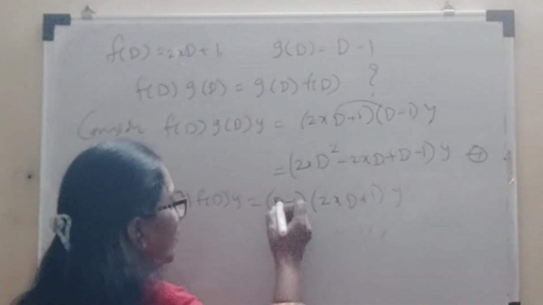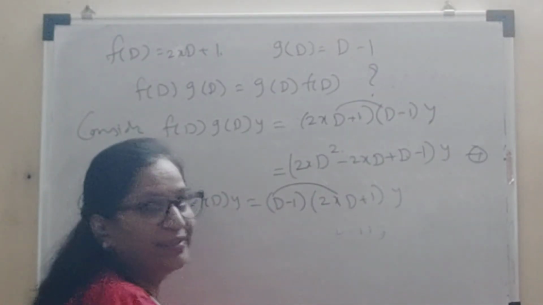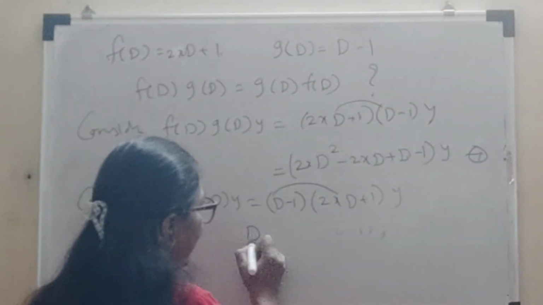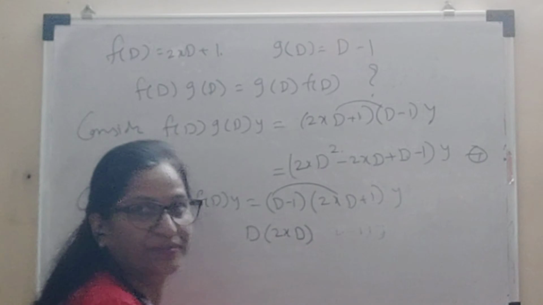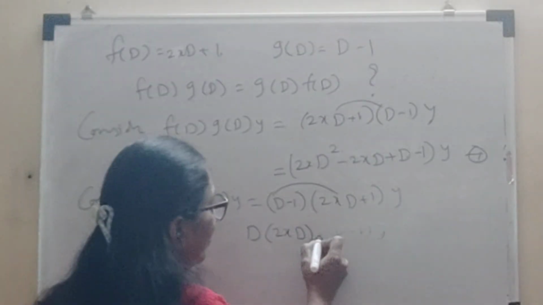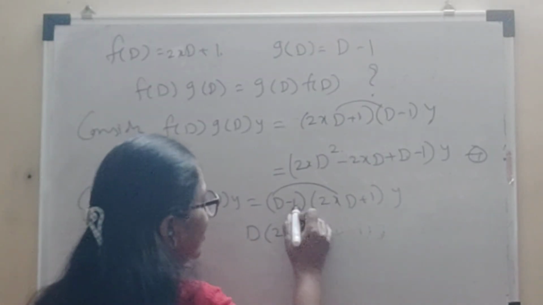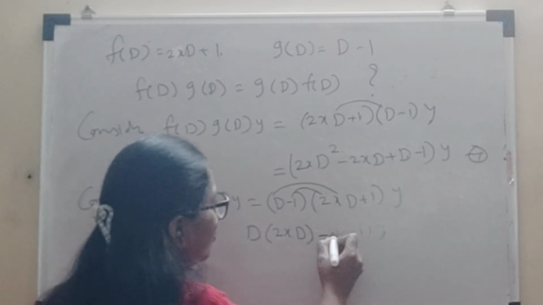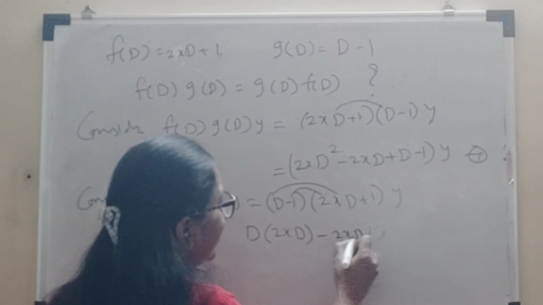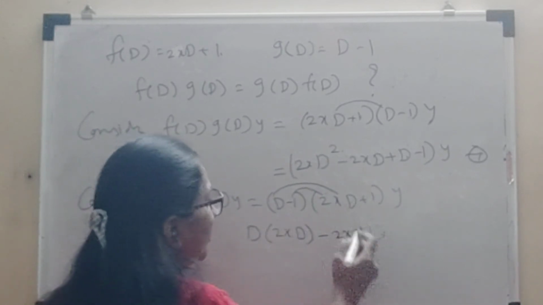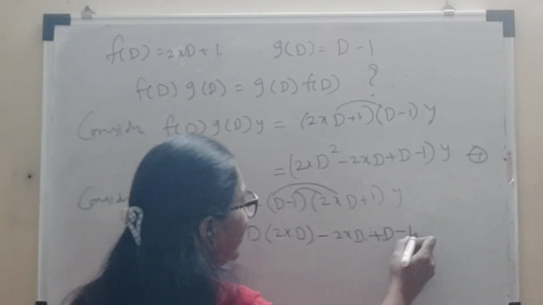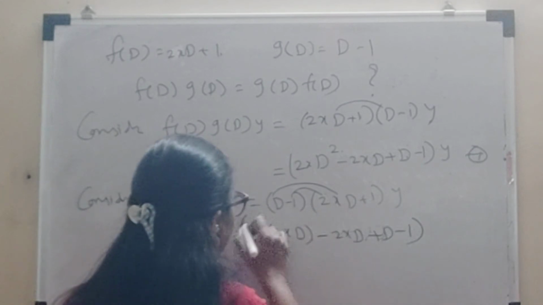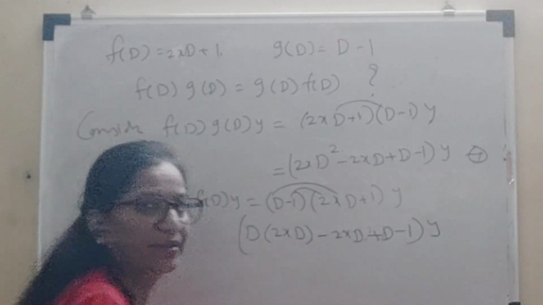Now, over here, D into 2xD, so D into 2xD, minus this minus 1 into this one, so minus 2xD. Then D into 1 is plus D, and minus 1 into plus 1 is minus 1. And whole this bracket operates on y.